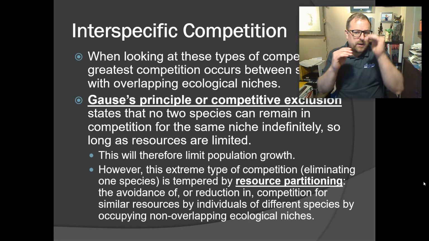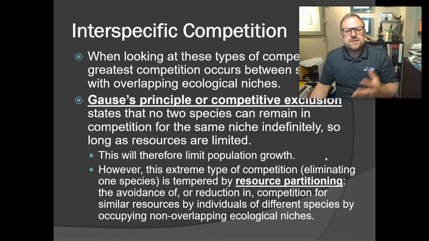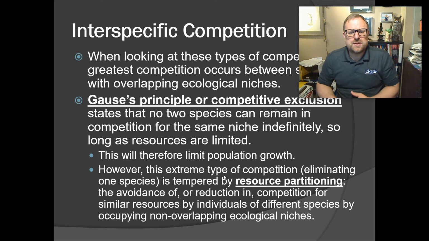One of them is going to win out over the other. So this is going to limit population growth for one species in particular, but likely both. And this extreme type of competition could lead to a species becoming extinct or eliminating the one species.